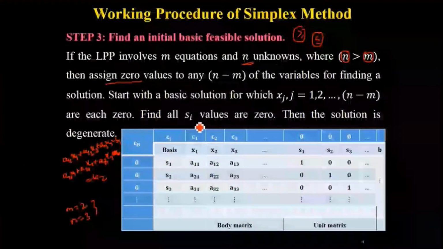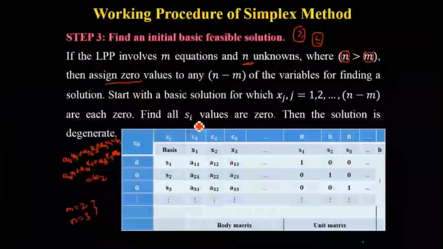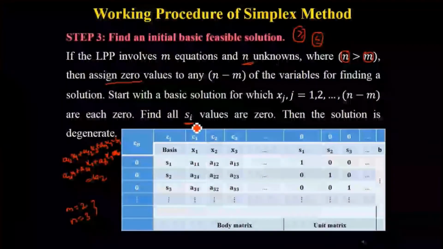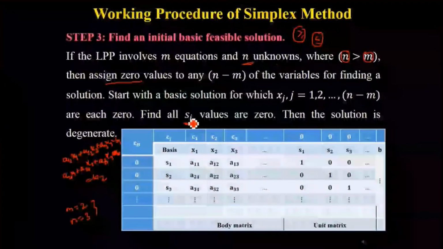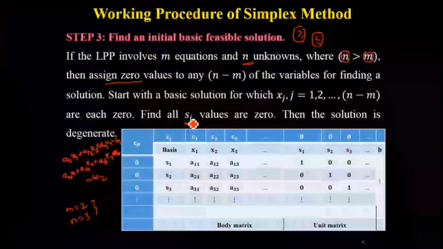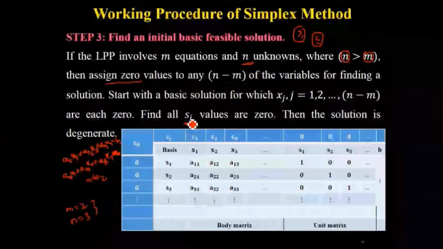Okay, so find all Si values are 0. Si value means whatever slack variable or surplus variable. In the objective function, for example, if you have two inequalities and you are adding two slack variables, in the objective function there will be no slack variable, so in place of that you write 0, 0.